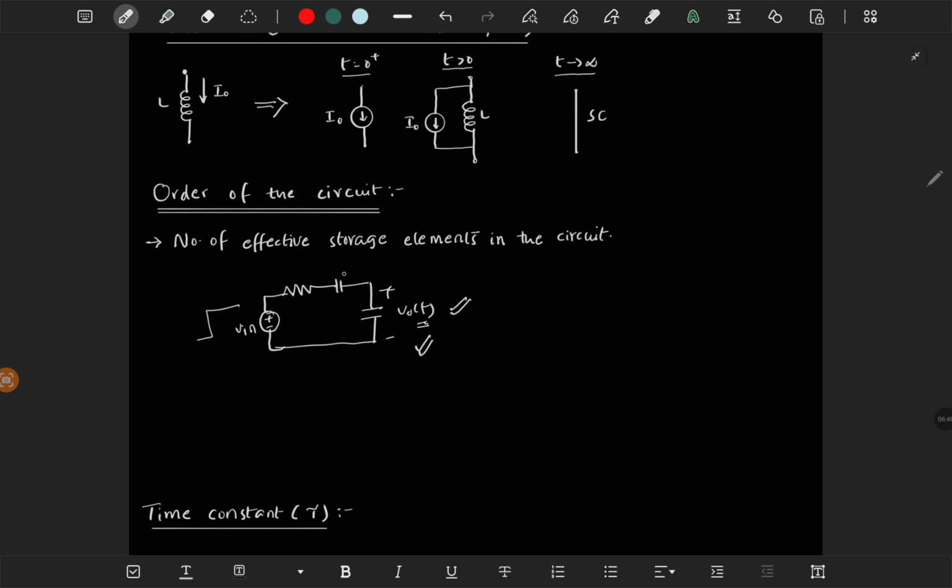It means we can combine these two capacitors, right? These two capacitors are in series, so we can combine them, and you will get a first order equation. So this circuit is a first order circuit. The order does not mean the number of storage elements, it means the number of effective energy storage elements.